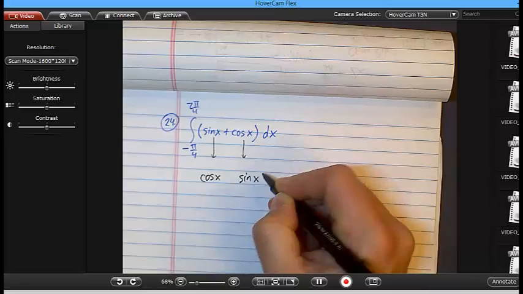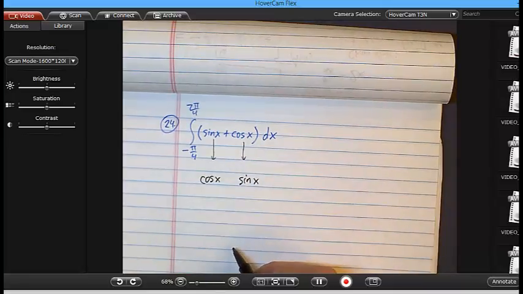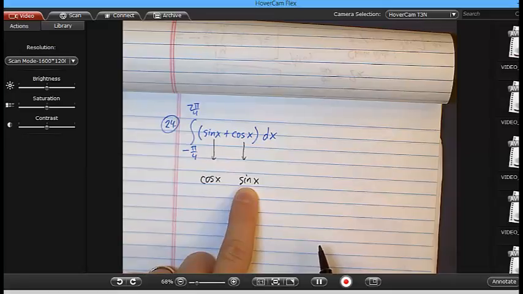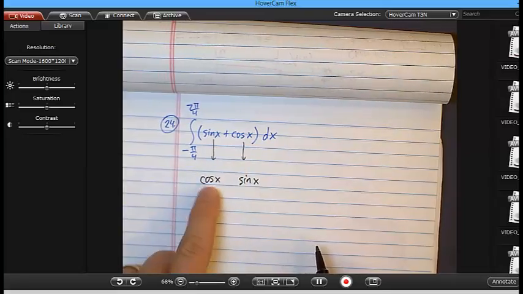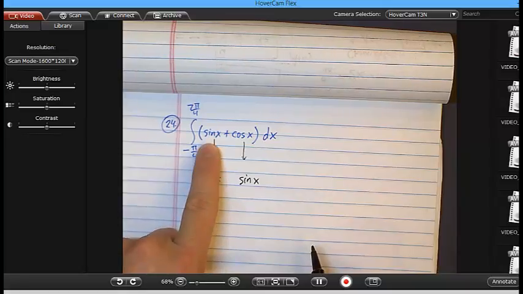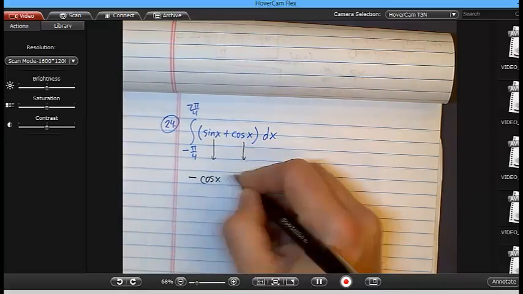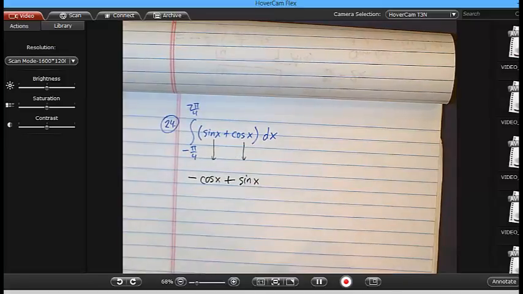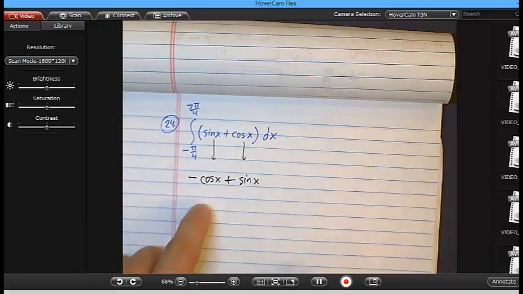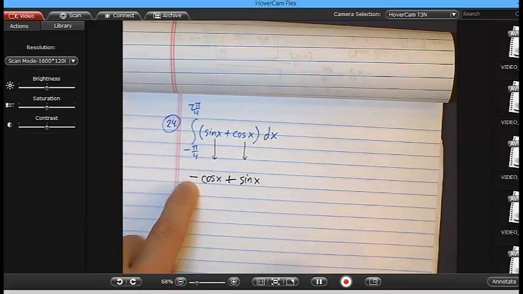But you know what's going to drive you crazy here is, what about the sign? Like, do I put a plus or a minus? Well, the way I do it is I always check my work. What's the derivative of the sine function? Cosine. What's the derivative of the cosine function? Negative sine, right? So you have to put a negative here to get it right. Does that make sense? The derivative of sine is cosine. The derivative of cosine is negative sine, so I have to put a negative there to get it right.